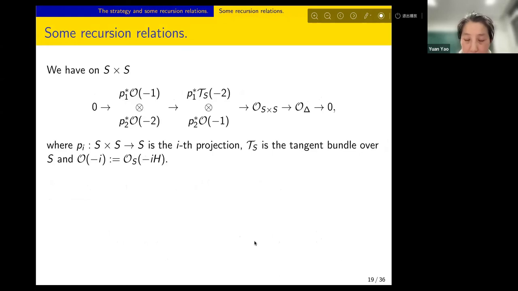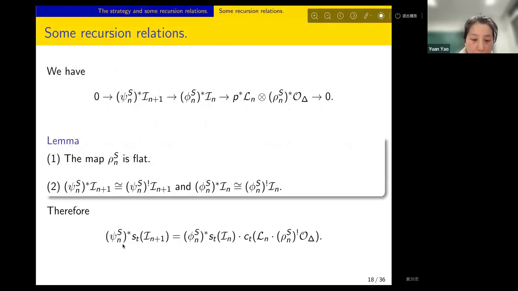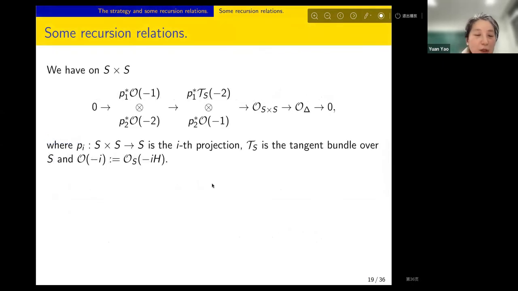Okay, and so what we want is the left hand side, and we have the recursion formula. But there is one thing we don't know. The l n is something we almost know, but there is the O delta, the structure sheaf of the diagonal. And for P2, now we use the advantage of this surface choice.